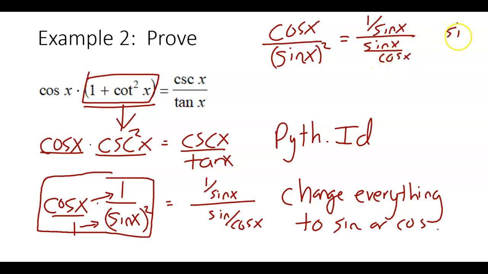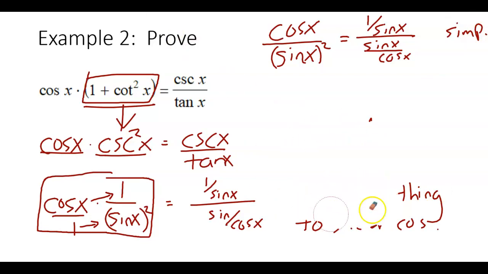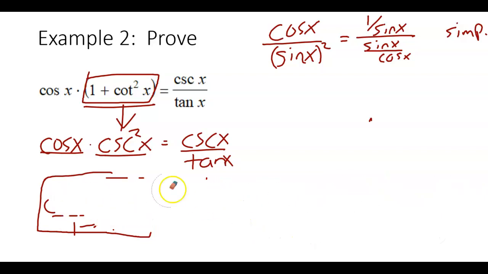So what did I do there? I just simplified. But I would accept it also if you just put multiply, because that's what we did to simplify. We multiplied those two things together.